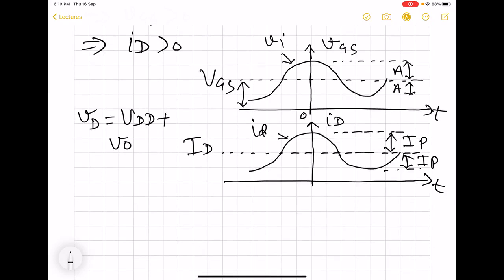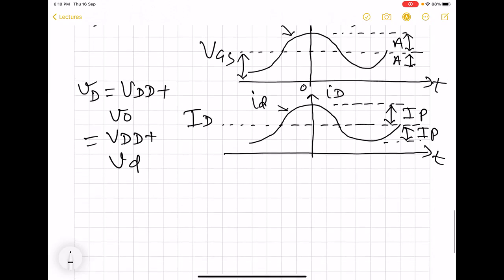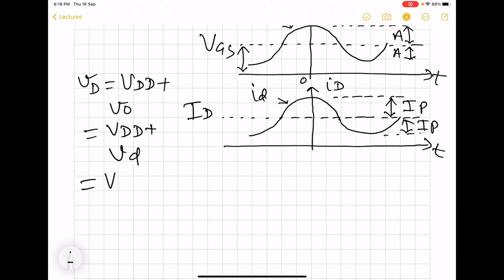This is total drain equal to DC plus output, or VDD plus VD, and VD is equal to minus RL ID. So here we see that the drain voltage will also have a DC voltage and AC, and this AC one is going to have a 180-degree phase shift with respect to ID.